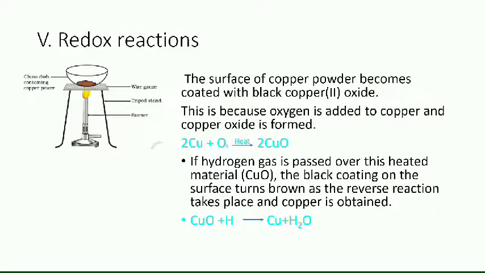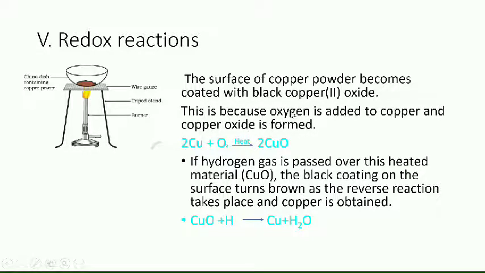The last type of reaction in these types of chemical reactions is redox reactions. First we will look at a condition where we are heating copper powder. Whenever the copper powder is heated, the surface of the copper powder is coated with a black color, which is copper oxide.